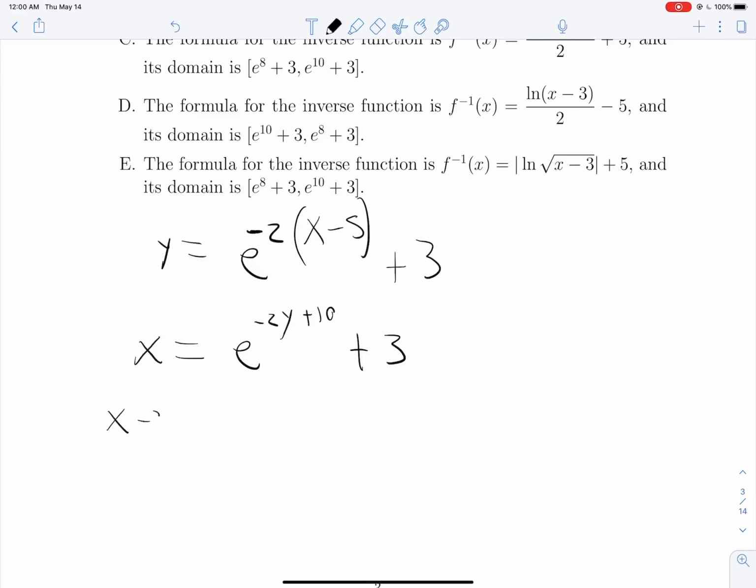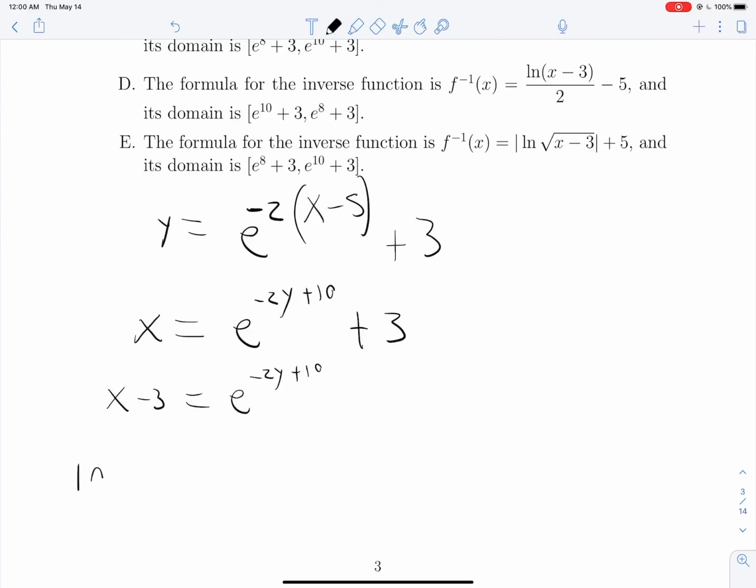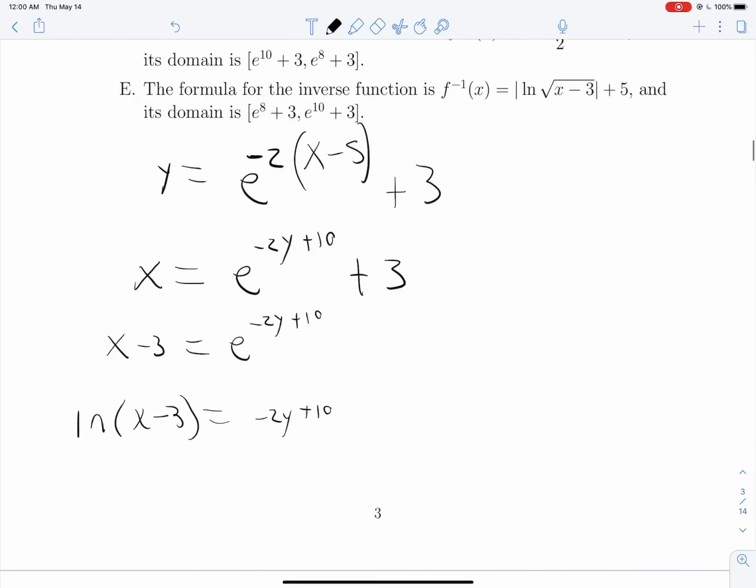We can say that x minus 3 is equal to e to the minus 2y plus 10. Now we can take the natural log of both sides. We get ln of x minus 3 is equal to the natural log of e to the minus 2y plus 10. The natural log of e to the something is just that something there.